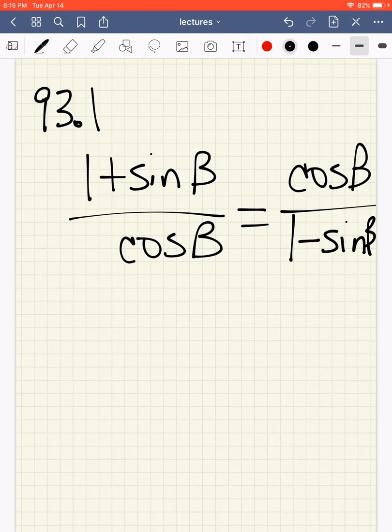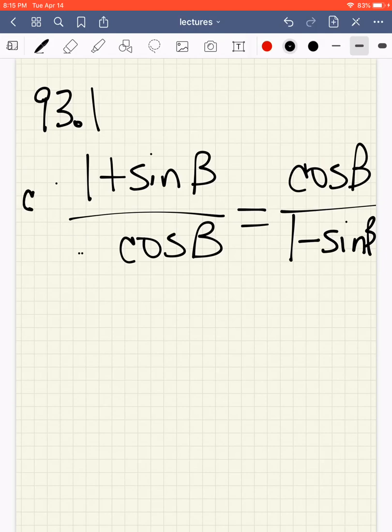This is a completely different new technique. I've got a 1 plus sine b up here. If this were cosine squared of b, then I could change it to 1 minus sine squared of b. And 1 minus sine squared of b would factor into 1 plus sine and 1 minus sine, so one of these would cancel out, wouldn't they? So let's try doing that.